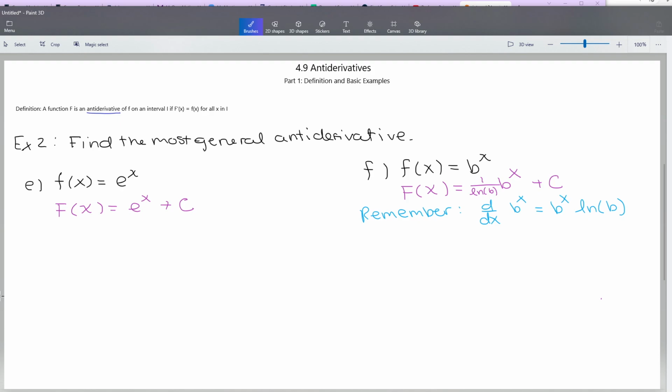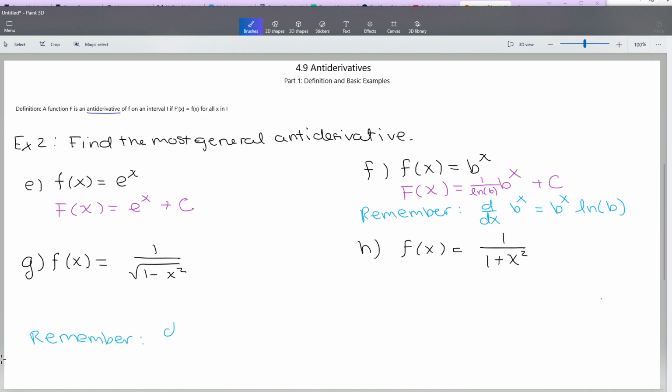So the last couple of functions here, okay? Now for both of these, we really just need to recognize these as the derivative of a function that we know.